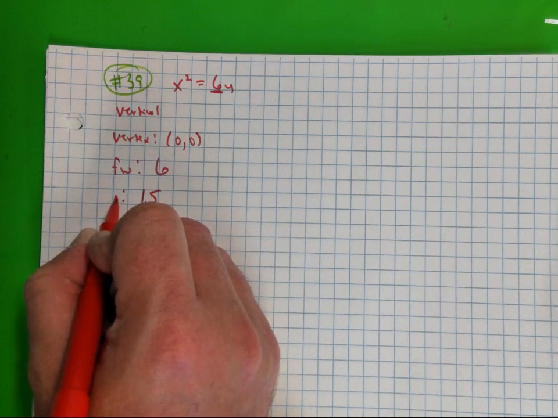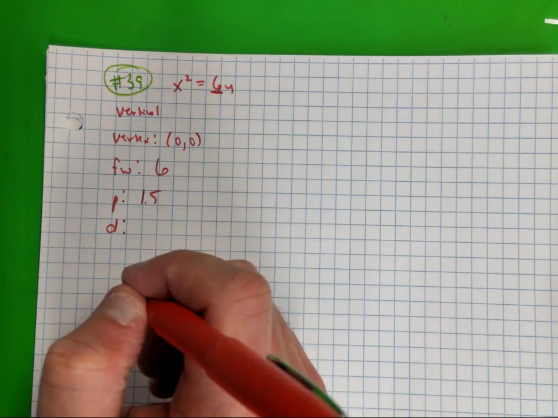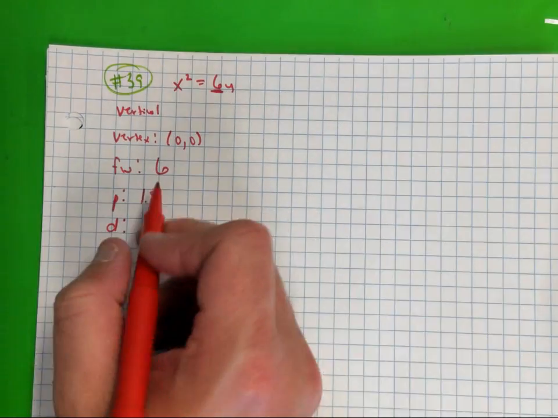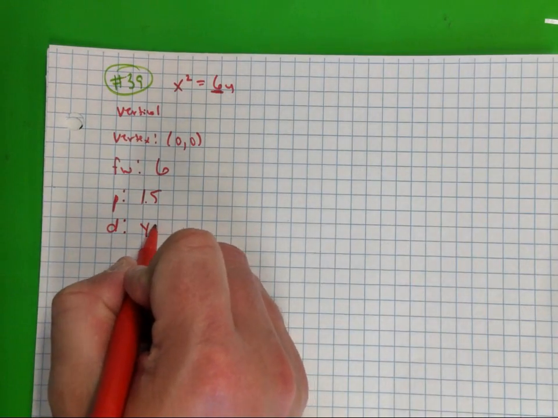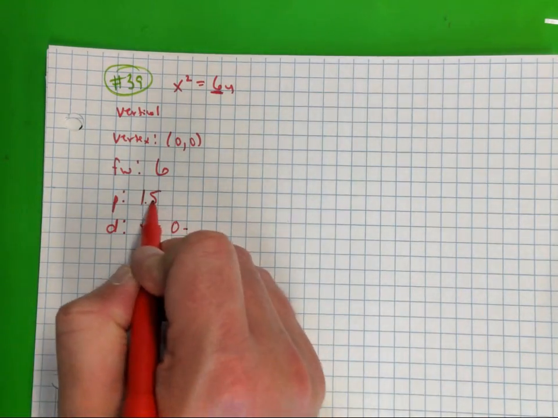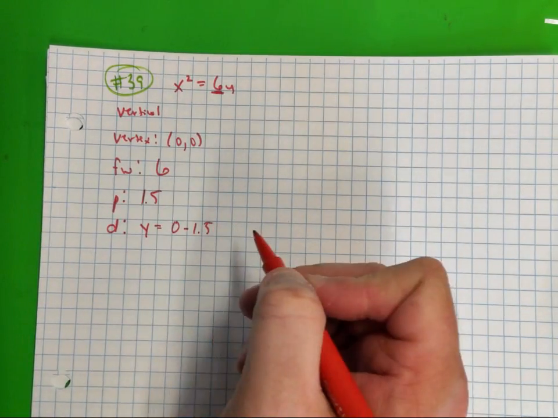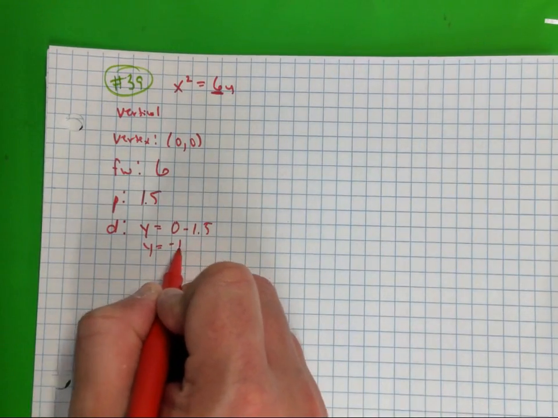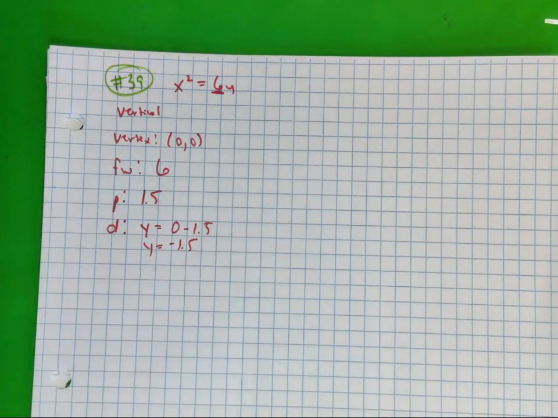Focus is the fixed point. Directrix is the fixed line. Alright, so directrix will be y equals your y value minus the P value. So you get y equals negative 1.5.